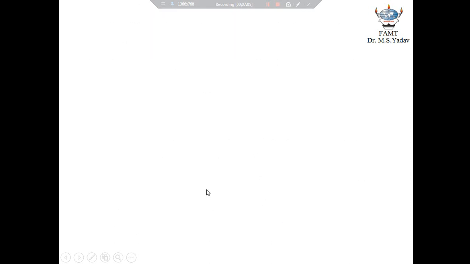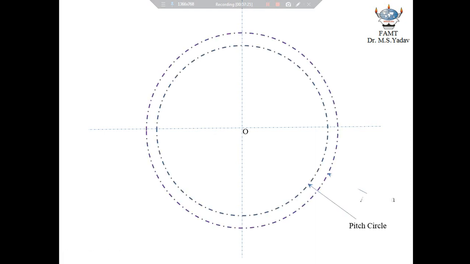Let's construct involute teeth profile now. Draw vertical and horizontal axis of rotation of gear like this. With dimensions from earlier calculations, let's draw PCD, ACD and DCD like this.